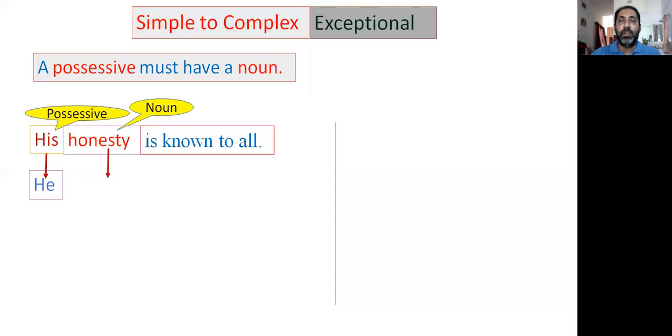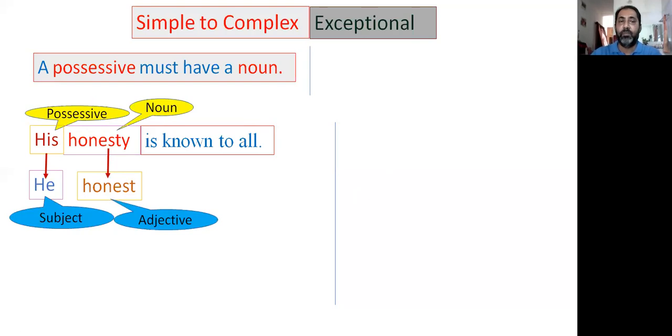From his, there is he. This is the subject. That means I have changed the possessive into a subject. From honesty, this is honest. That means I have changed the noun into an adjective. Honest.